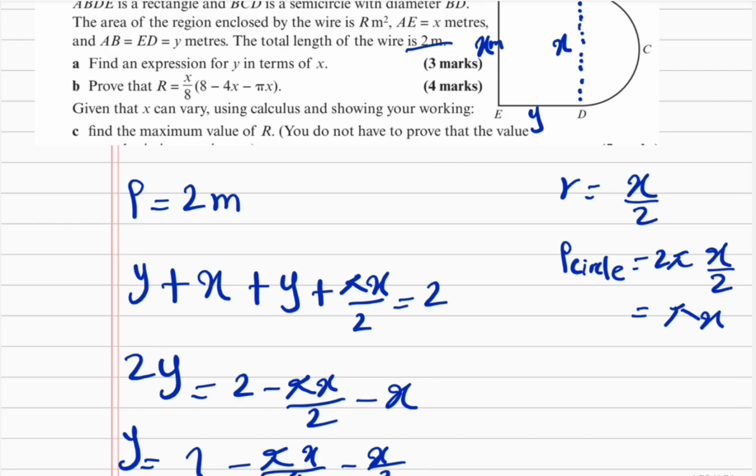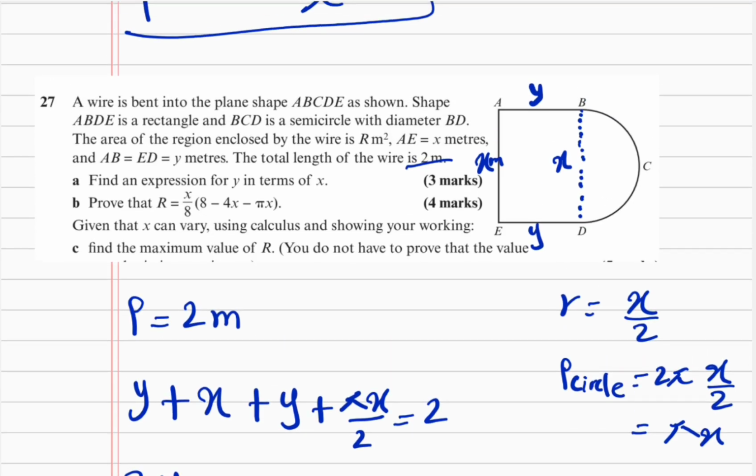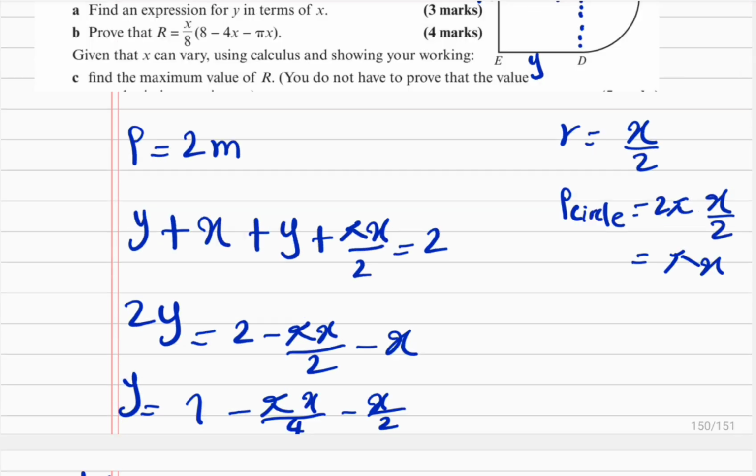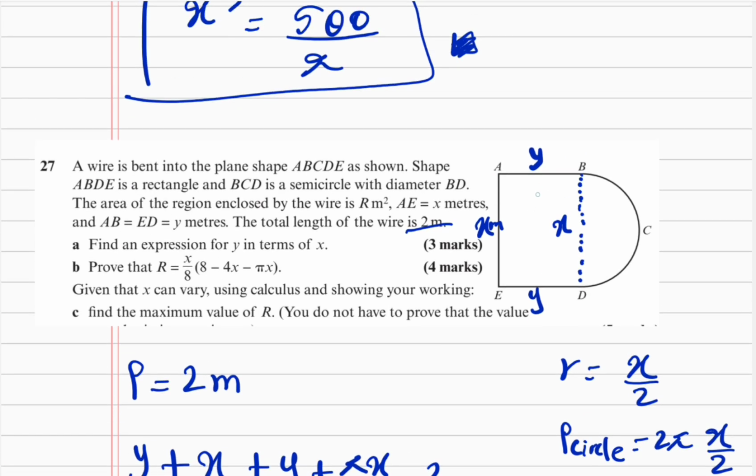So in part B, we want to prove that r, which is the area of the shape, is equal to this expression. Okay, so part B is very similar to part A, but this time we need to find the area. So the total area is equal to the area of the rectangle plus the area of the semicircle.